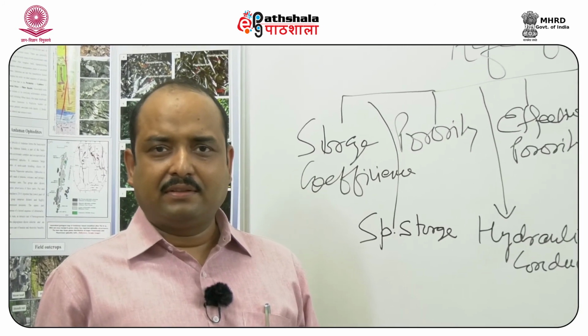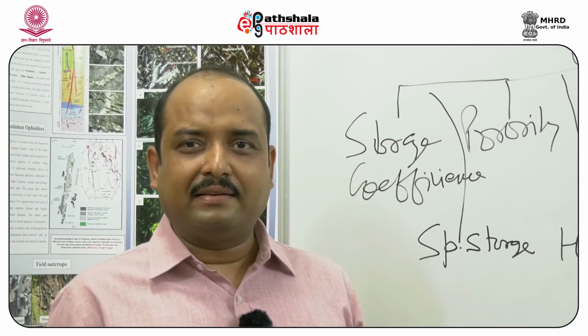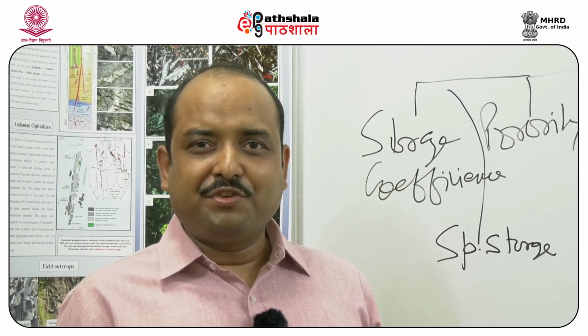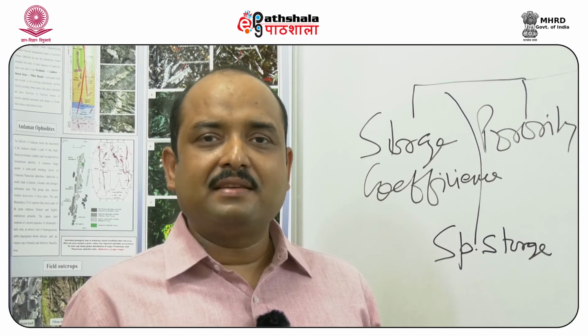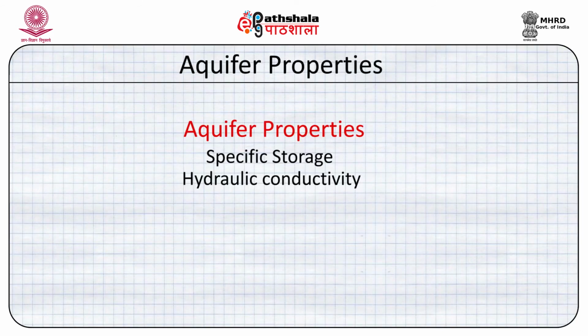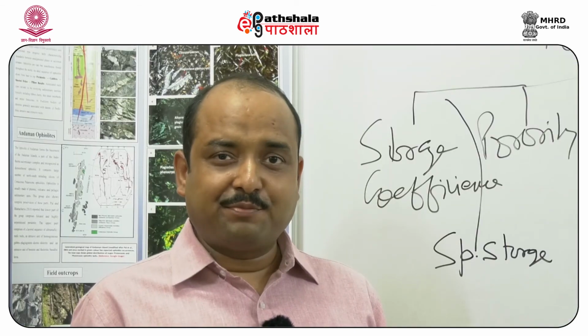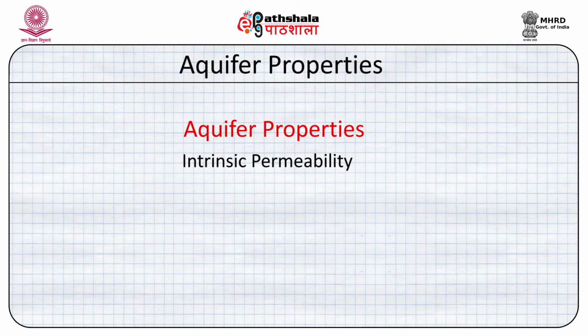Hang on, hydrogeologists don't live like this. They demanded there should be something which is a property of media only, and then came the concept of intrinsic permeability. It is a function of the media only, irrespective of the fluid. It is given in equation 10, where you have C D square.